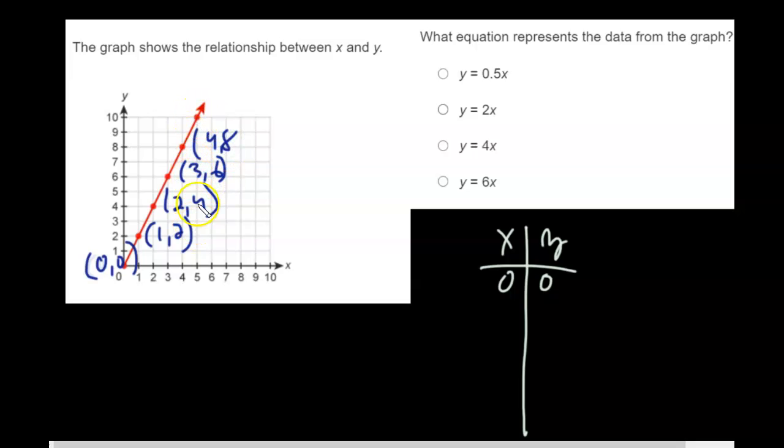There's another one up there, 5, 10. So 0, 0, 1, 2, 2, 4, 3, 6, 4, 8.